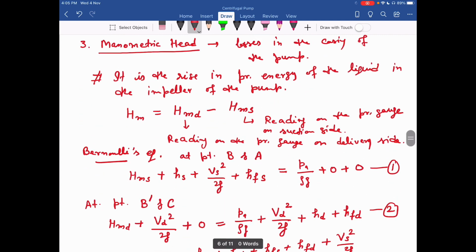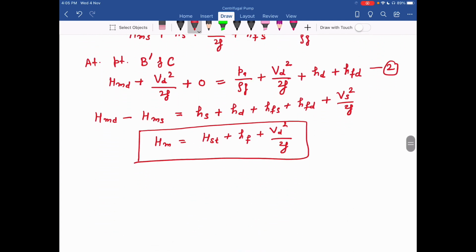However, the manometric head contains the velocity head Vs, the velocity in the suction pipe. So the difference is in the velocity head only.